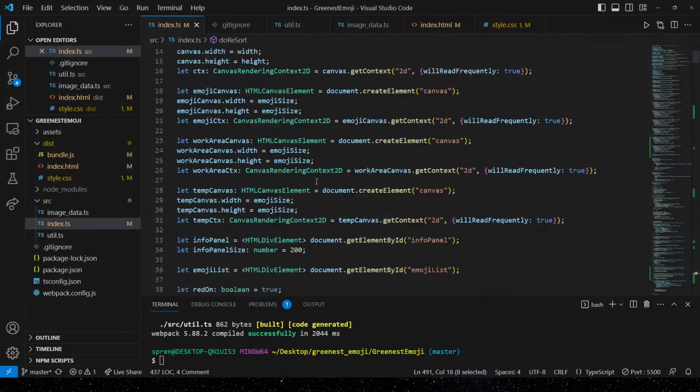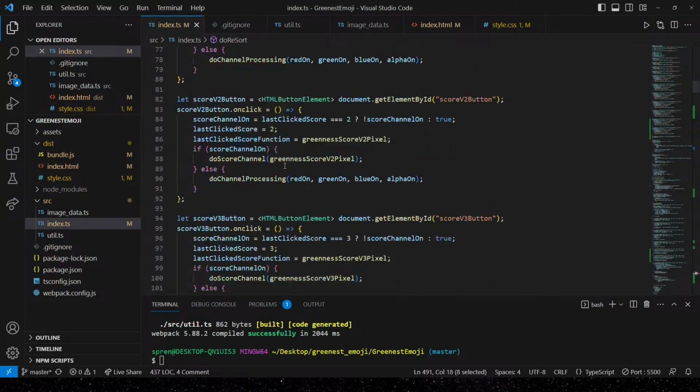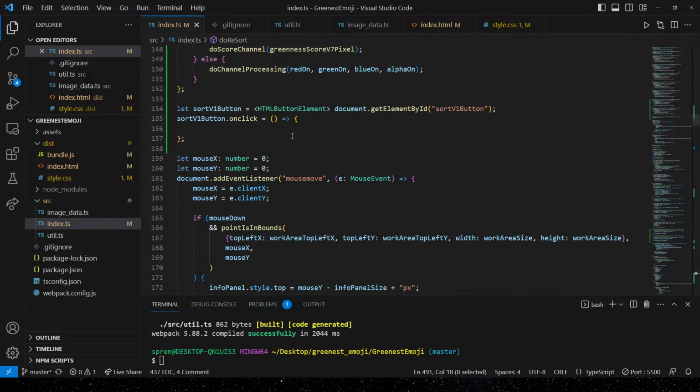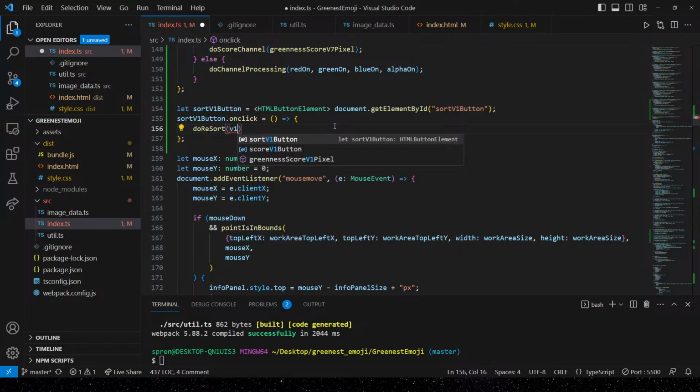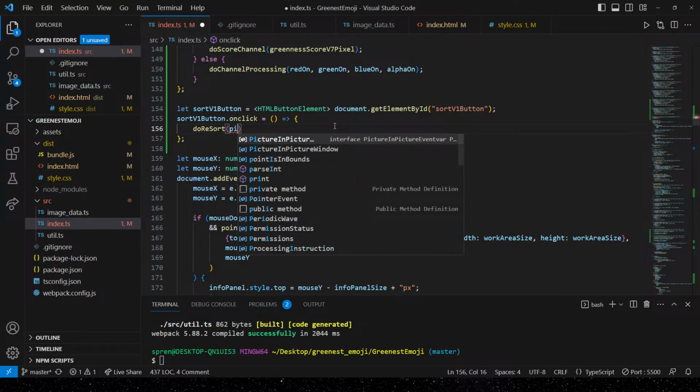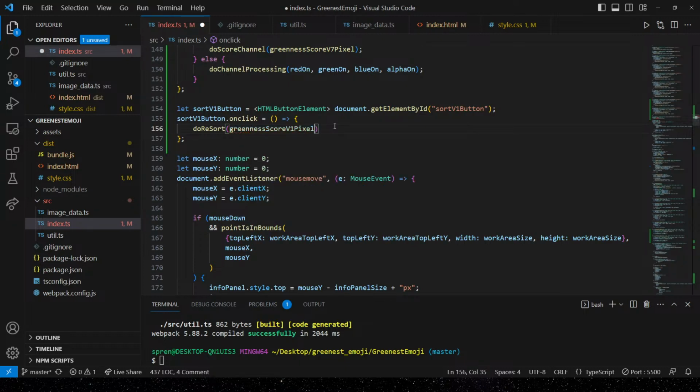Dot sort should actually be relatively fast, I think. Okay. So we know we're doing a resort, and we should use that. Yeah, that should be safe, I think.